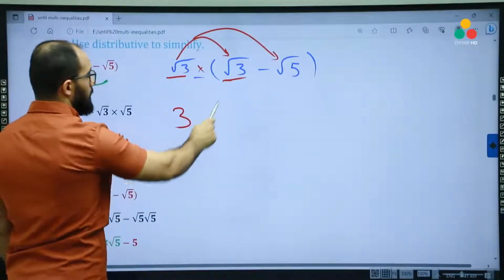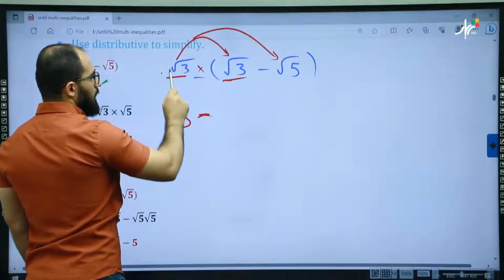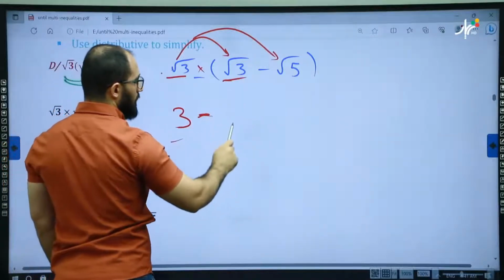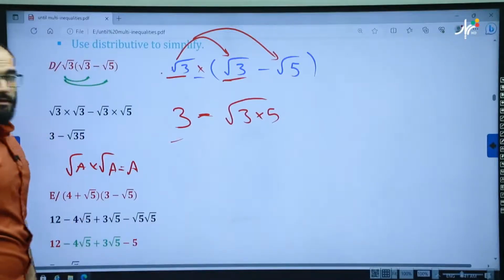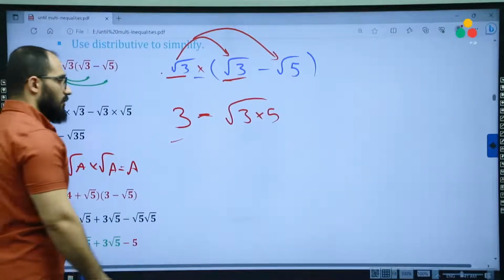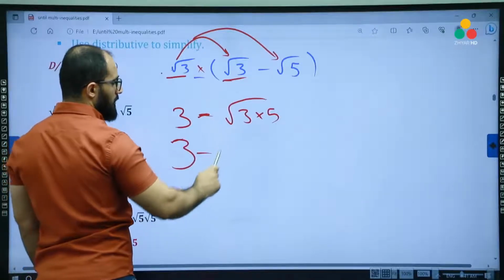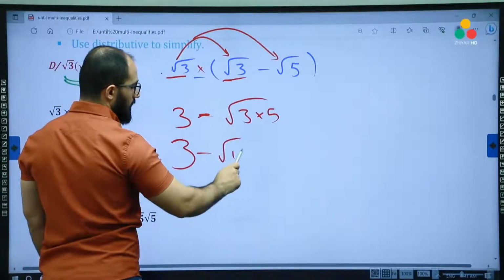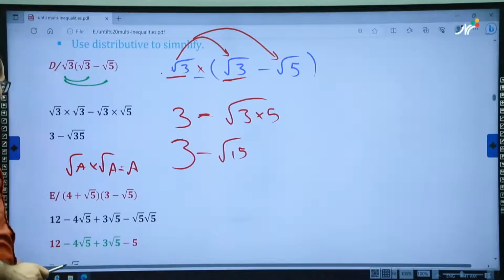So it's equal 3. Positive times negative is negative. Square root of 3 times square root of 5, we are going to write it as the product under one square root. Then 3 minus, 3 times 5 is going to be 15. The result is 3 minus the square root of 15.